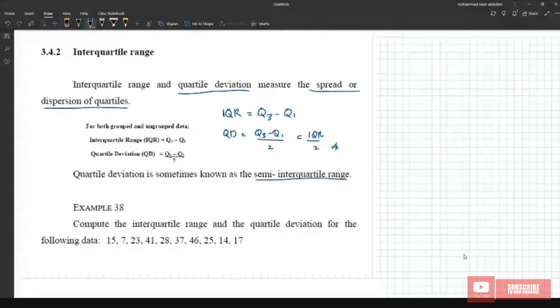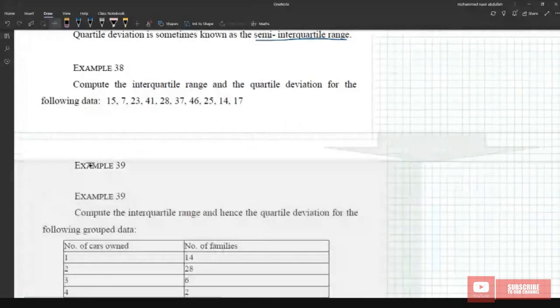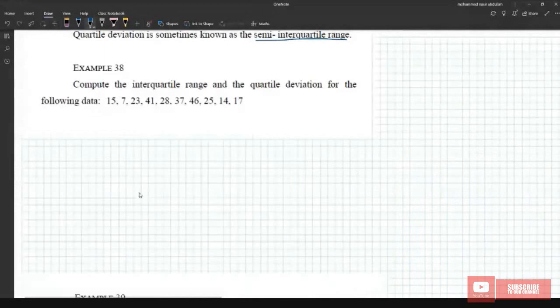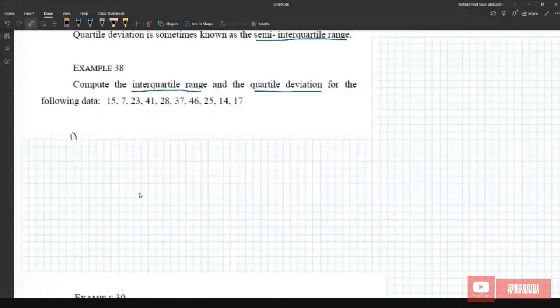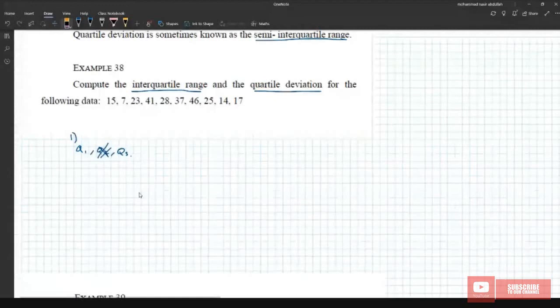Now look at example number 30. We have ungrouped data, right? We want to calculate interquartile range and quartile deviation. First step, we need to find quartile number 1, quartile number 2, and quartile number 3. Actually we don't need quartile number 2, we need to find quartile number 1 and quartile number 3.